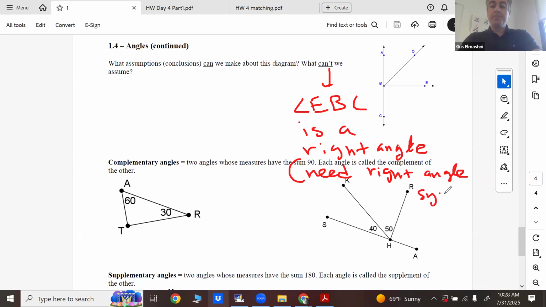You need a right angle symbol. Do you guys see a right angle symbol? So you can't assume it. So in red, I'll write what we can't assume. In green, I'll write what we can assume.